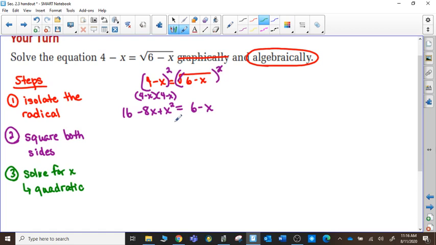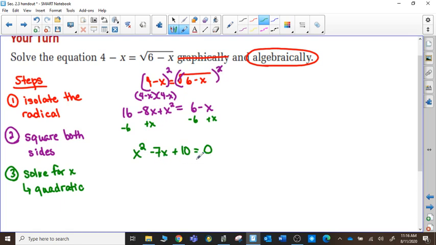And what that means, I guess regardless, is I need to move all the terms to one side. And so I'm just going to take a second and move all of these terms to the other side so that I have an x squared, a negative 7x, and then a positive 10, and that is going to equal 0.